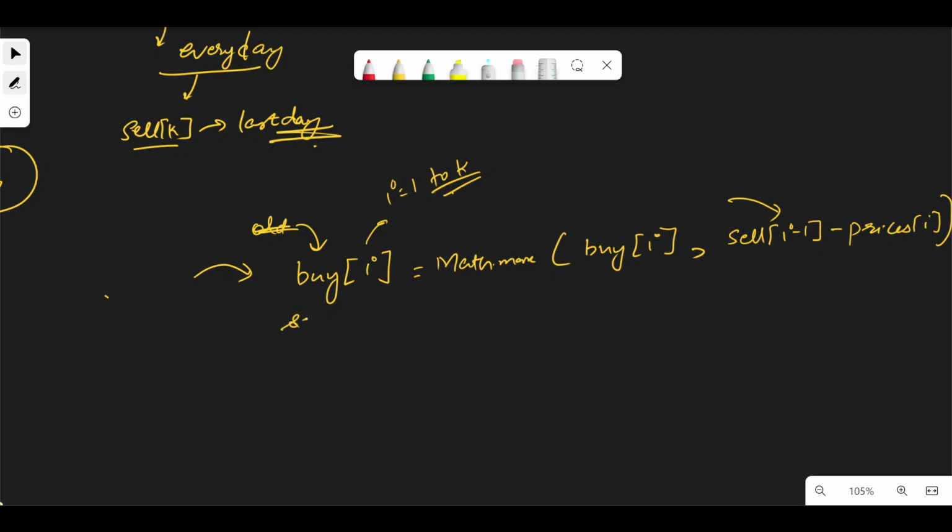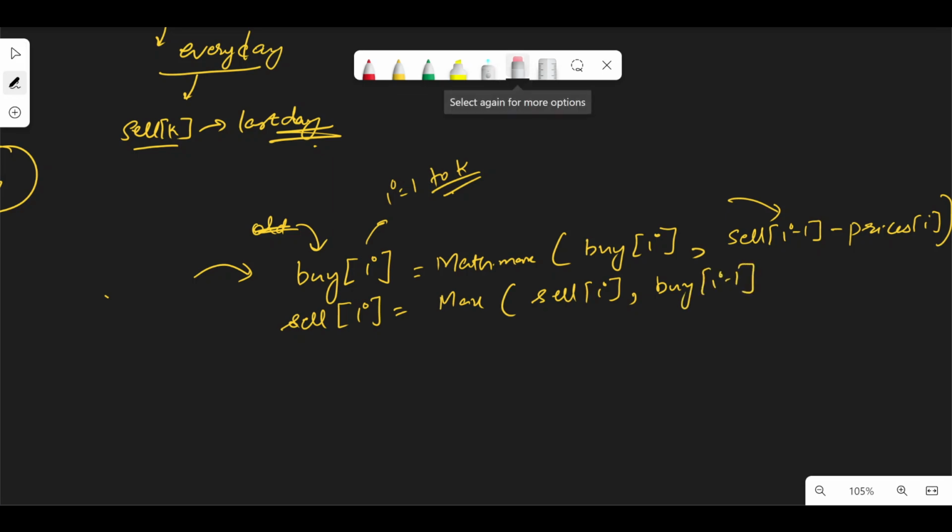So we'll do, and similarly, sell of I would be max of, so either you already sold on some other day and that gives you most profit, or you're selling today. That means you have bought I minus one. No, you should have bought I, right?